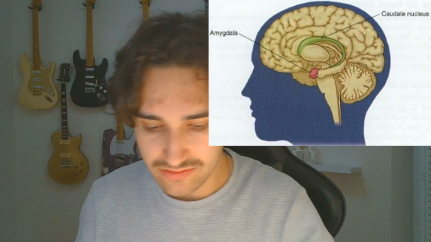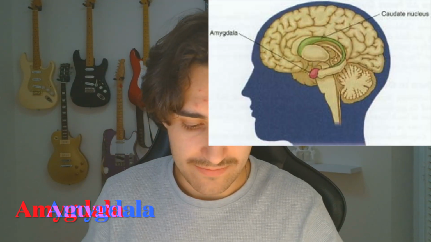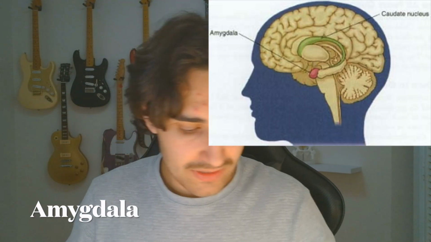But caudate nucleus, and at the tail of the caudate nucleus, we have the amygdala. That's not really shown here, but it sits out like a little amorphous blob here. Amygdala is a primary component of the limbic system, regulates fear.